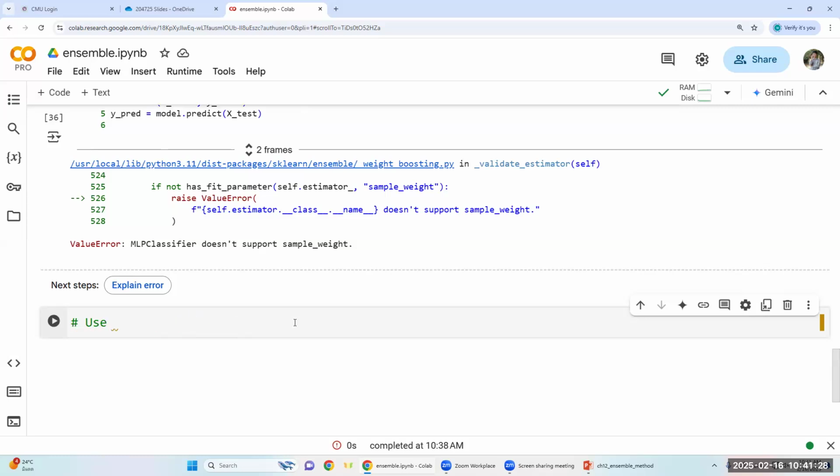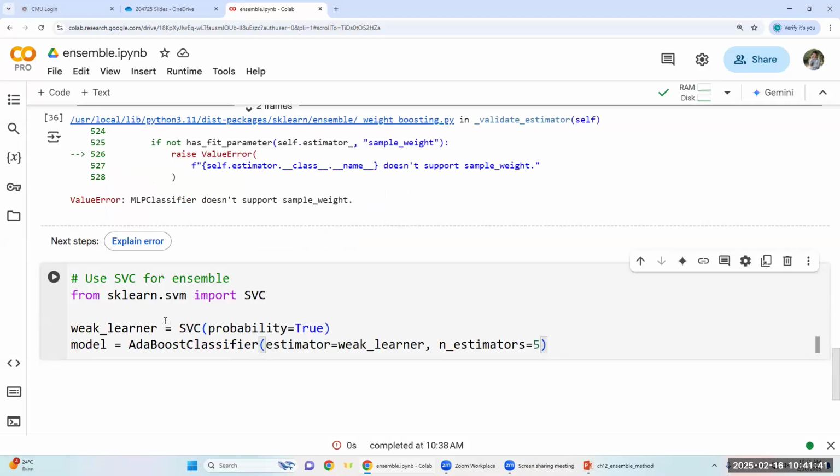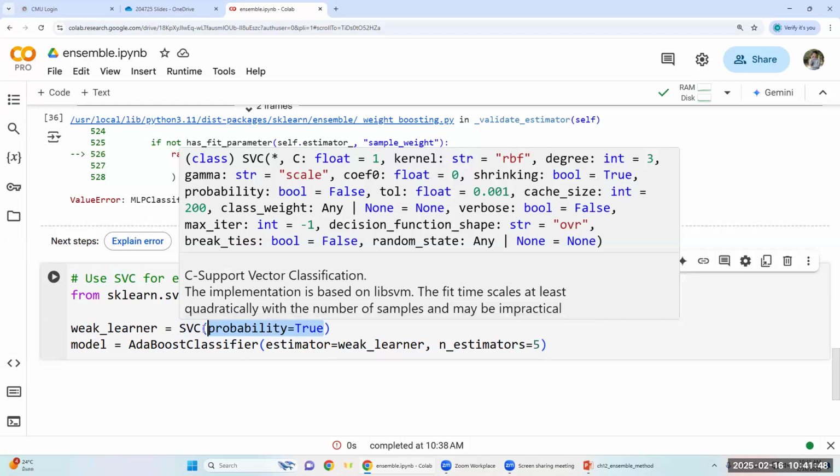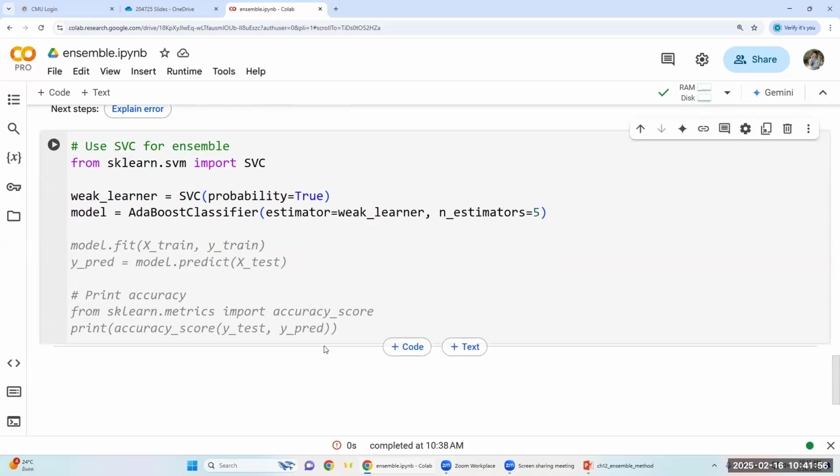Then we have the weak learner be the SVC, and we turn on the probability, so it's not the hard assignment for the SVC but the probability distribution. Then we have the AdaBoost, and we do the test and see the accuracy.